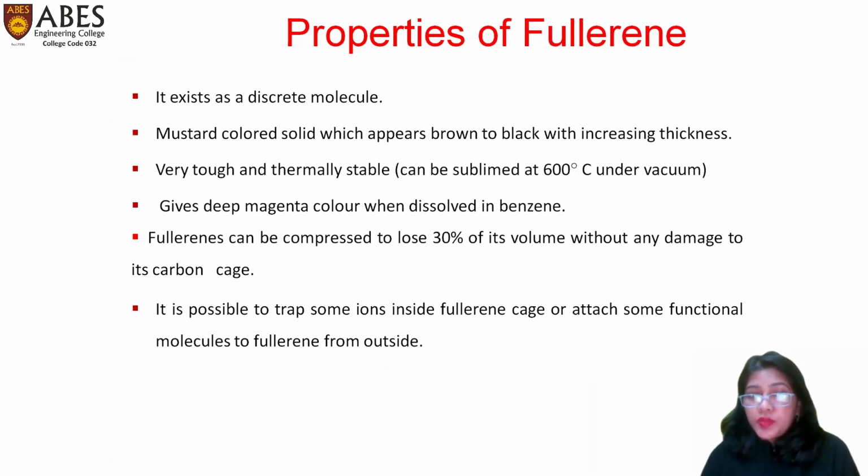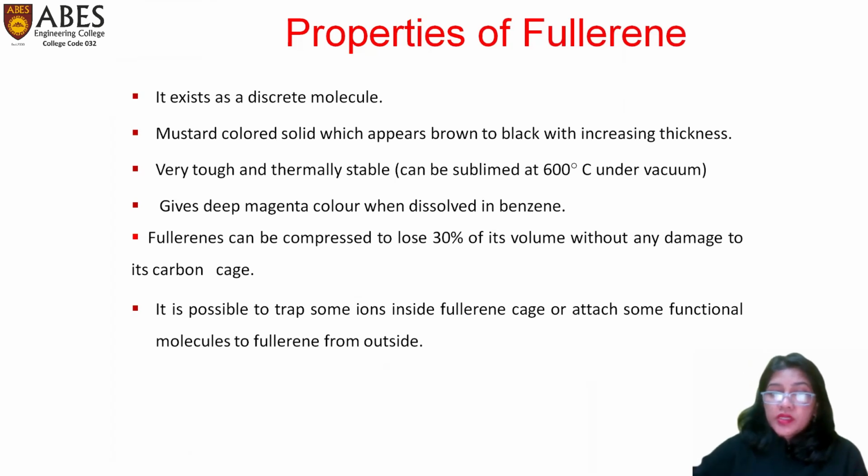When it is reacted with benzene, it gives a deep magenta color. One of the important properties of fullerene is that it can lose its volume by up to 30% with no damage to the carbon cage-like structure. It is also possible to trap some ions inside the fullerene cage, or attach some functional molecules to fullerenes from outside.